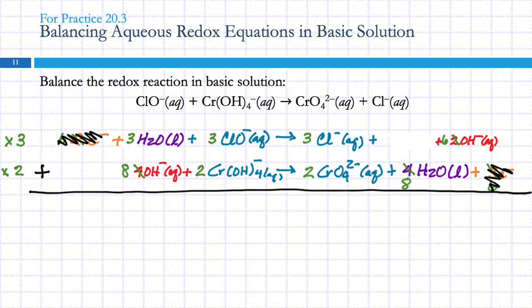Water? Mm-hmm. So I have 3 waters on this side and 8 on that side. So if I took 3 away from both sides, subtract 3 from both sides, I would have none on this side. So I'm going to subtract 3 waters, so those go away, and this becomes 8 minus 3 is 5.